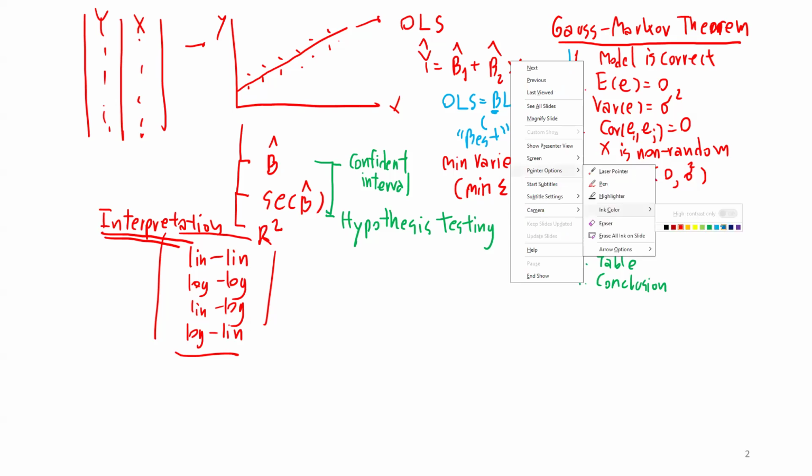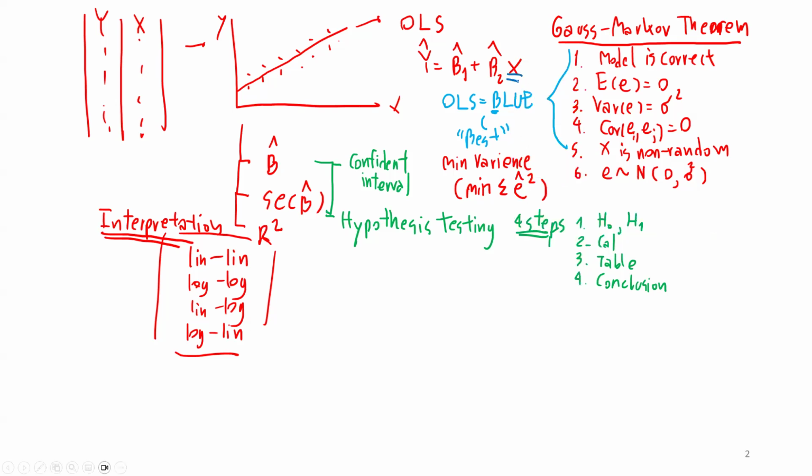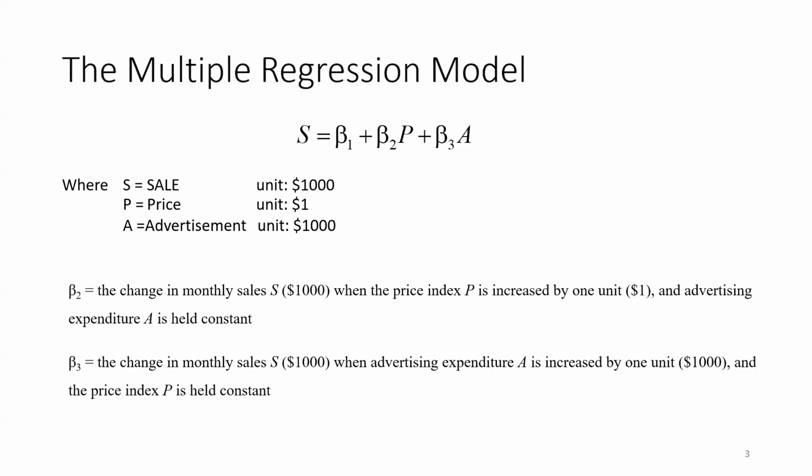Okay, so this is what we have learned through the first four chapters, and in this one we have only one x on the right hand side, right? So what if we have more than one explanatory variable? Yes, it will become more complicated and have more problems. So multiple regression model. Suppose we would like to predict sales depending on price.